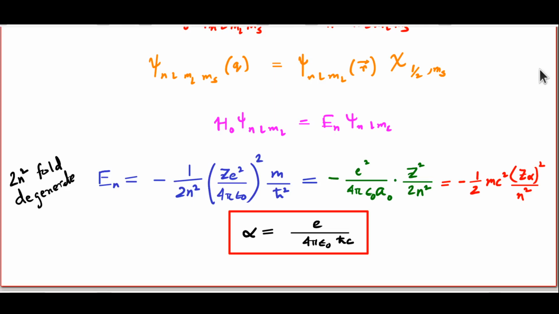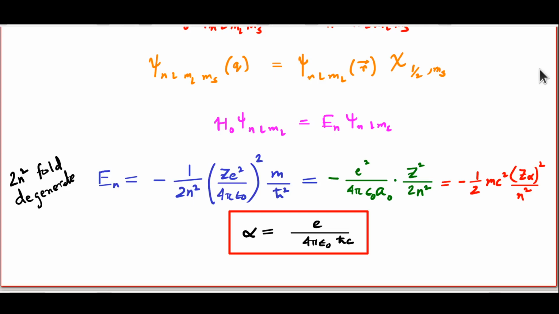Note that this result has no relativity in it so far. This is a purely non-relativistic answer. However, what it does tell you is that the ratio between the binding energy of the electron in the nth level and the rest energy of the electron, En's magnitude divided by mc square, is, apart from a factor of z square by 2n square, alpha square.